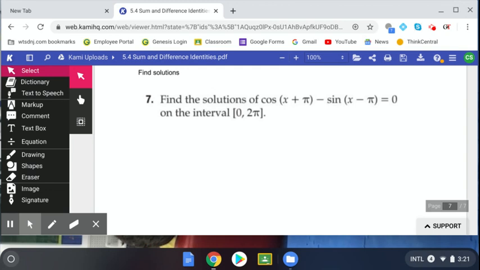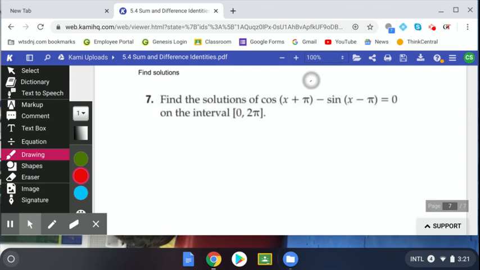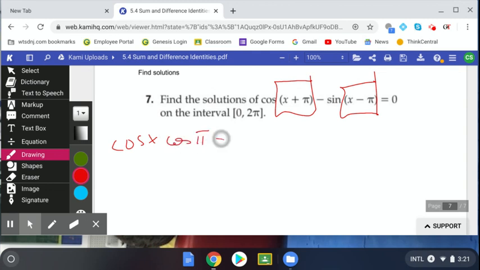And as you can see here, there is a sum of two angles and a difference of two angles. So I have to apply my sum and difference identities. So cosine of a sum is going to be cosine of the first times cosine of the second minus sine of the first, sine of the second.